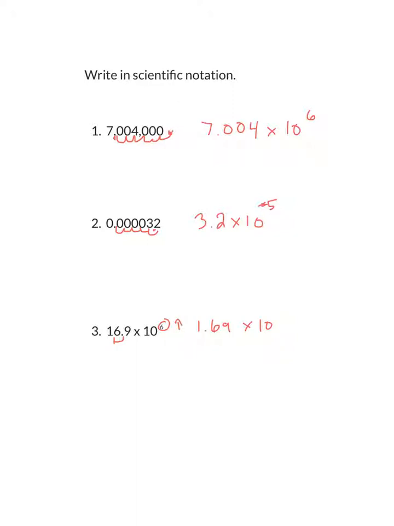That means I'm going to add 1 to -6. So -6 plus 1 equals -5. So my exponent should now be -5. So there's our answer in scientific notation.